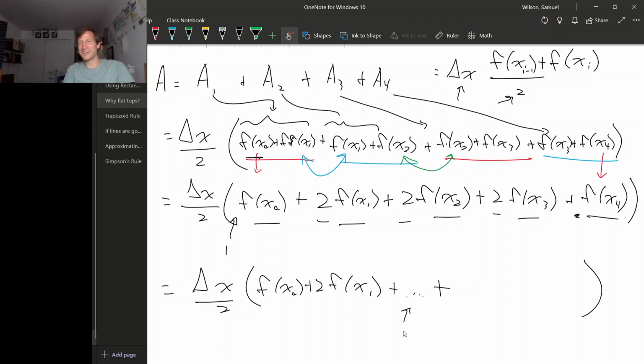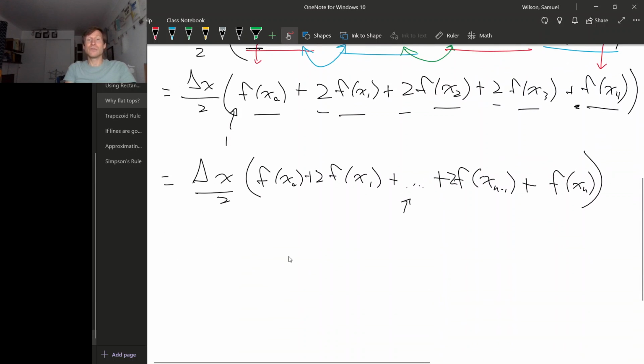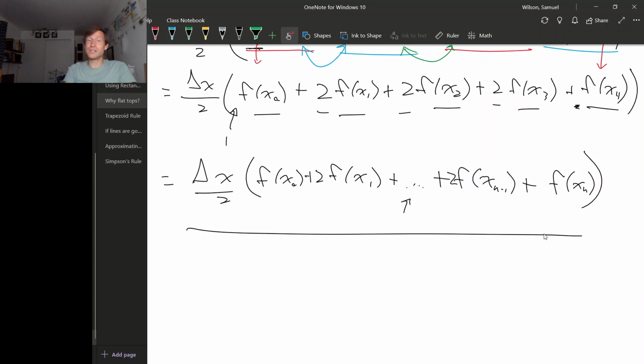The dot dot dot indicates that the 2 repeats itself in the middle, and at the end, 2 times f of x sub n minus 1, and the very last one has no 2, it's just f of x sub n. This way of approximating the value of an integral is called the trapezoid rule. It's a very creative name.